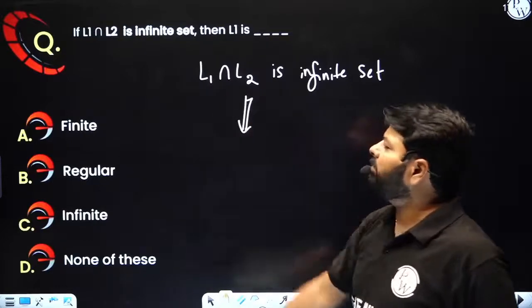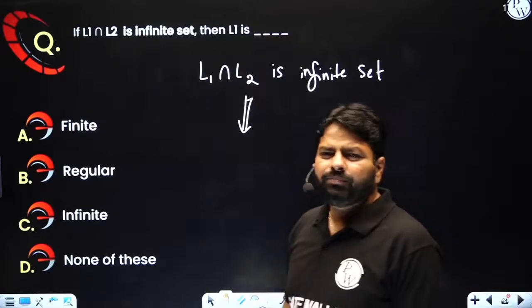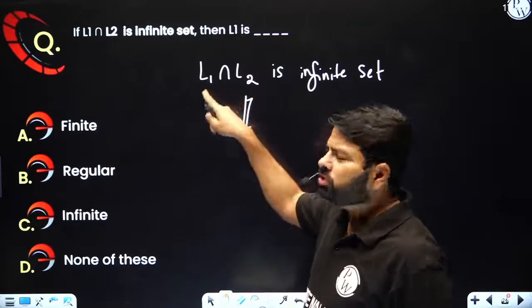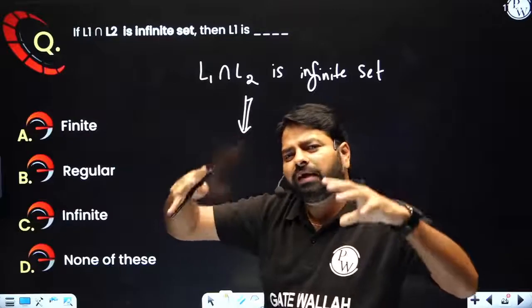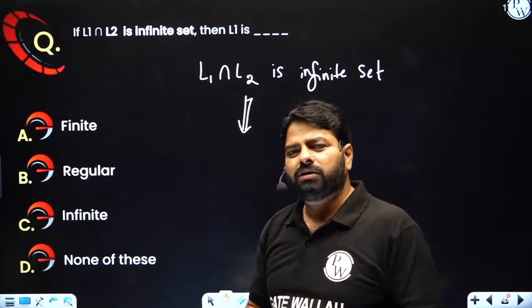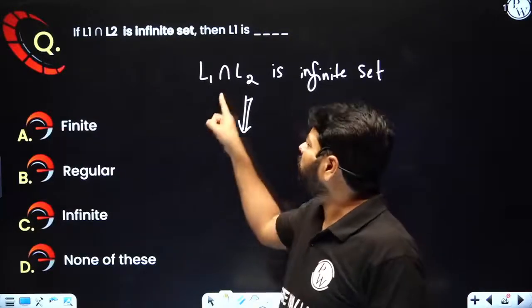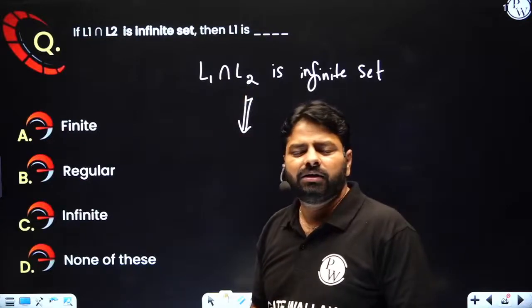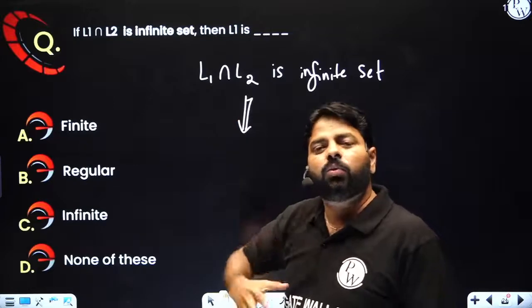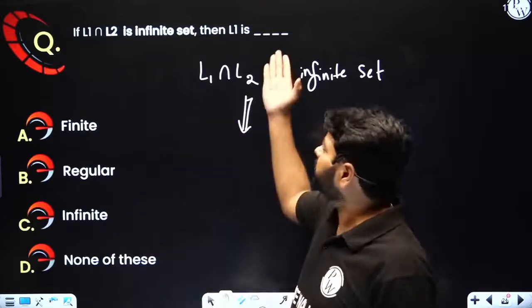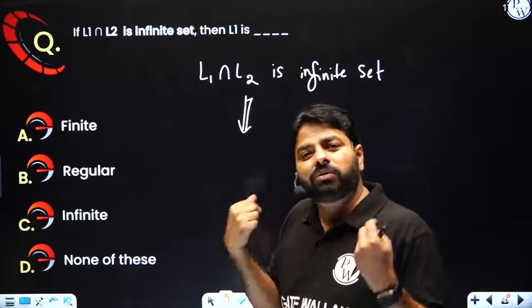Now you're talking about L1, right? Now tell me, when the intersection of two languages is infinite, is there any possibility that one of the languages is finite? It's impossible. If one of the languages is finite, then the whole result is finite. That means not only L1, even L2 cannot be finite.